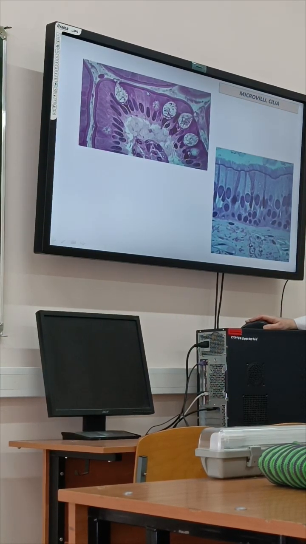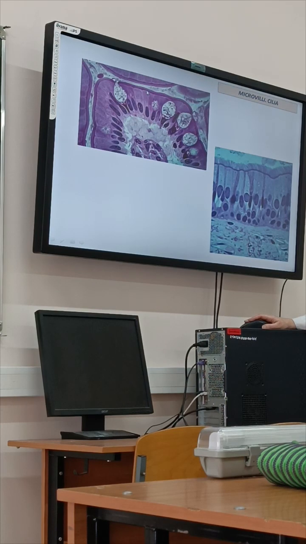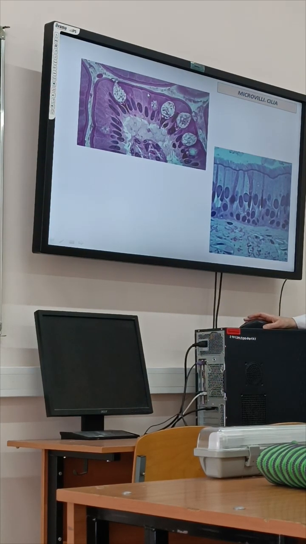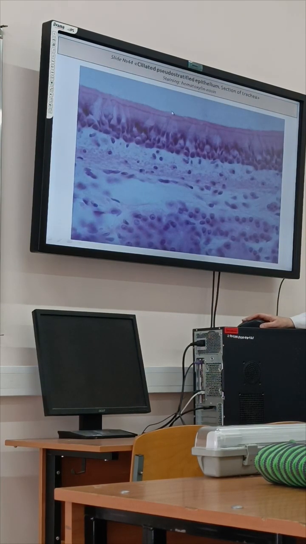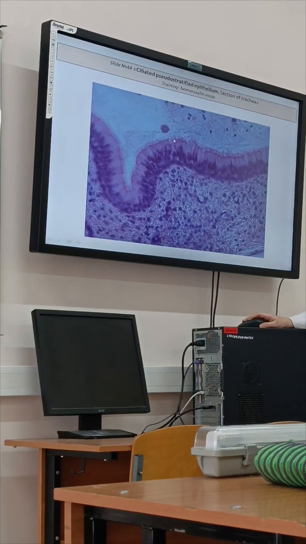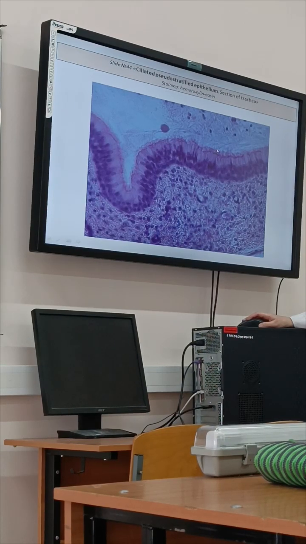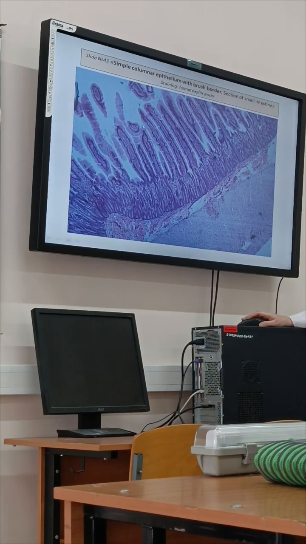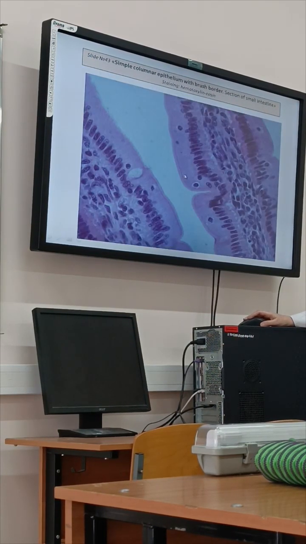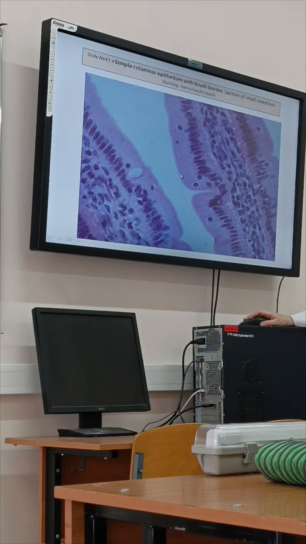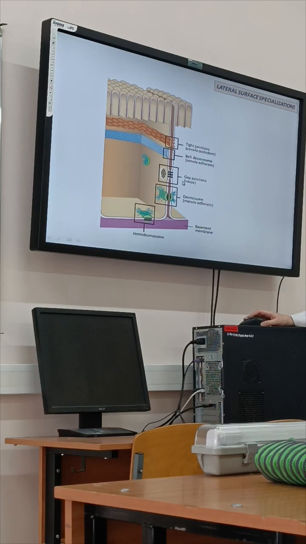It looks like an enlargement of the apical membrane. We can't see microvilli separately, they are smaller in size. Again, trachea, this is cilia. This is the epithelium of the intestine. It's really covered by this epithelium. On high magnification, we can see microvilli as an enlargement of the apical surface of the cell.